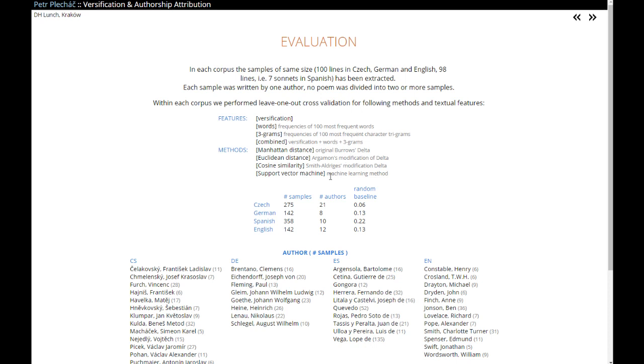But that's understandable. It should work better. In each case we have pretty enough samples per one class, per one author. This is a situation which I believe perfectly fits support vector machines. Exactly. Once we have 2 or 3 samples per author, we may expect the Delta family to perform perhaps better.